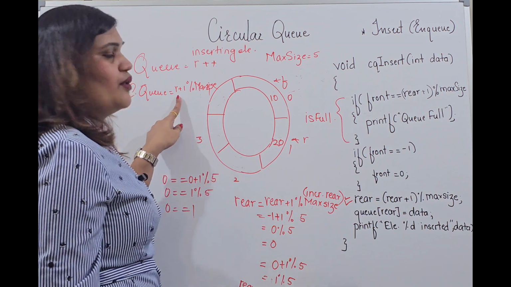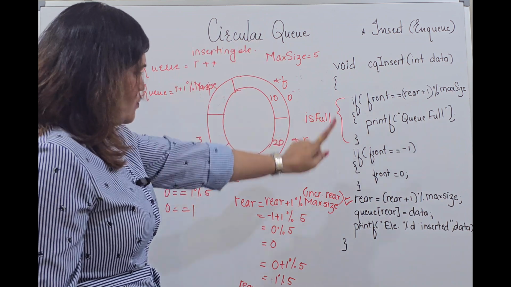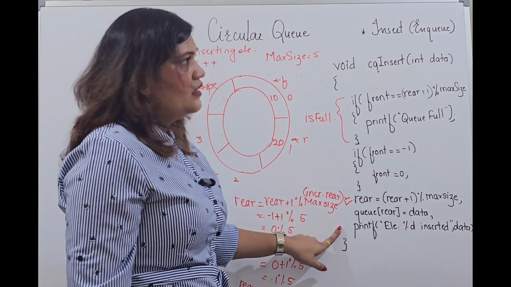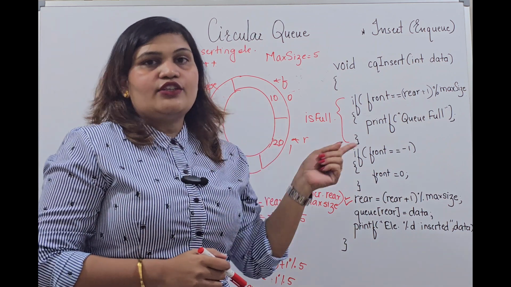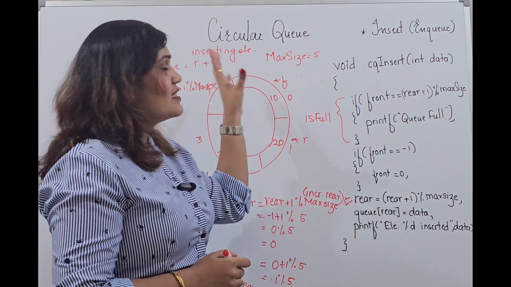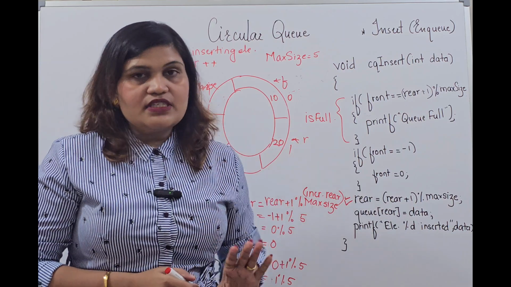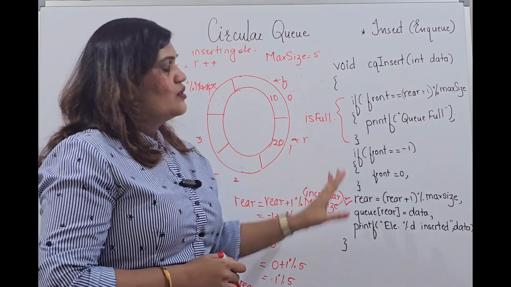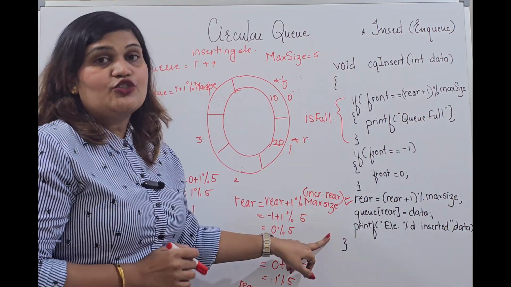Okay, this is very important. Remember that. That is what you do over here. Clear? Try to go back and check the video for basics of circular queue. That will help you to understand the concept well. And once your concept is clear, understanding of the function would be much easier.